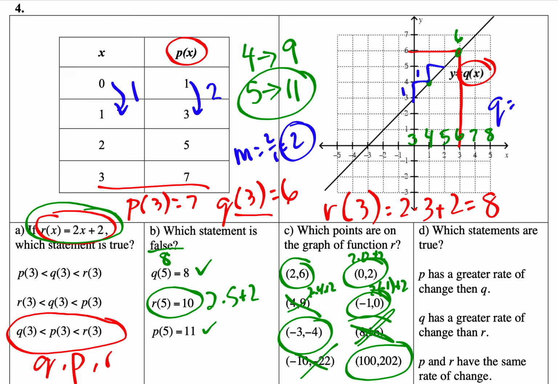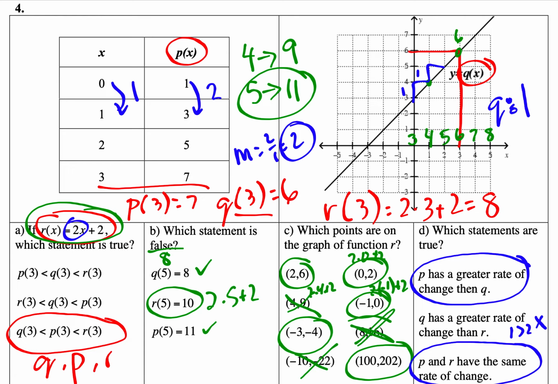So Q has a rate of change of 1. P has a greater rate of change than Q is true. Q has a greater rate of change than R. Oh wait, what was R's? Oh yeah, R has a rate of change of 2. So Q has a greater rate of change than R. Is 1 bigger than 2? That's not true. P and R have the same rate of change. They are both 2, so that one's actually true.